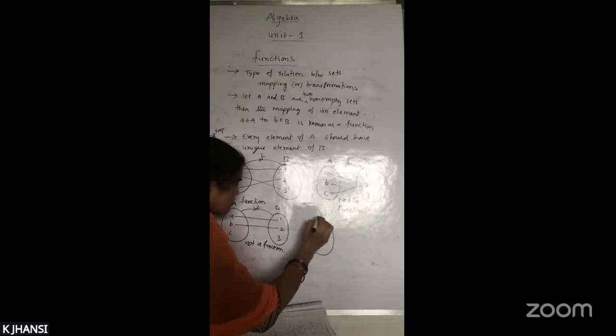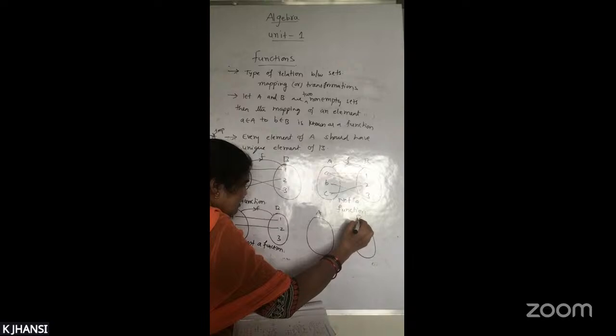But C, whatever the element is there, does not have the image 3. That means compulsory in set A, all the elements should have images. Set A should have compulsory images. This is not a function. Okay, so this will be a function. You can see here, C.